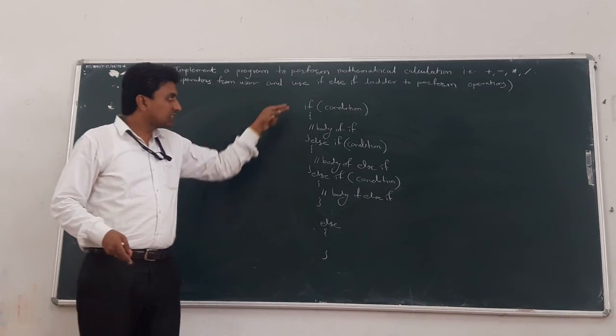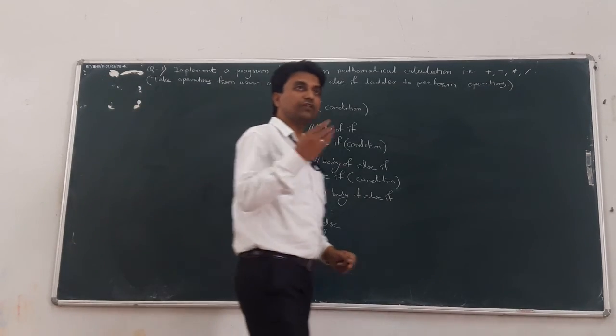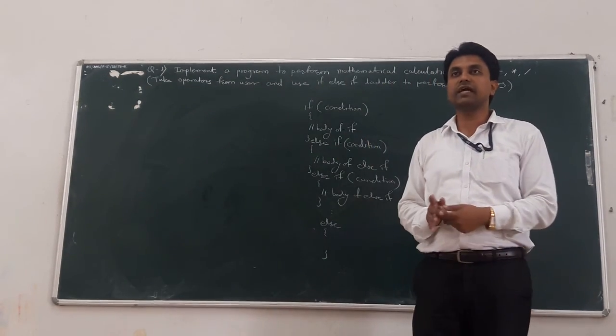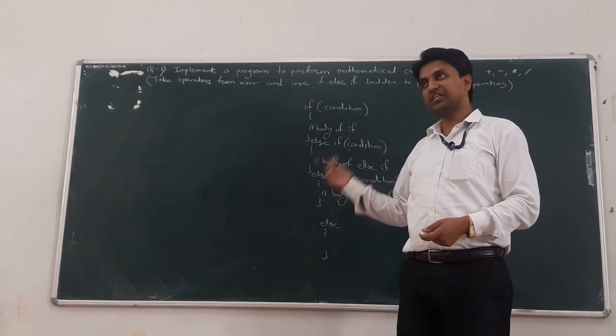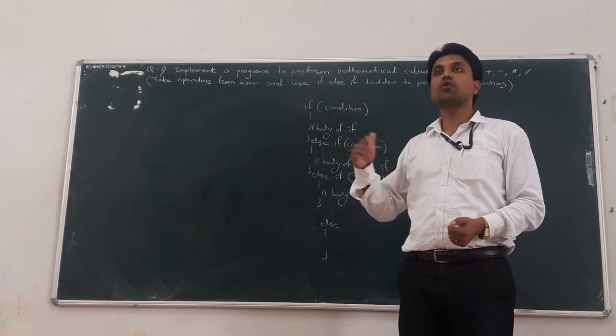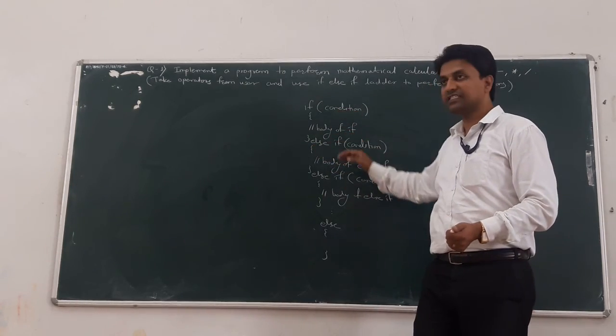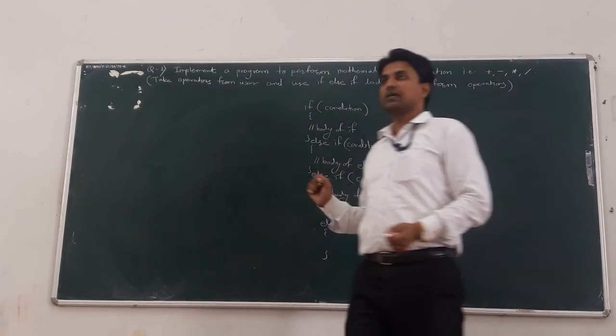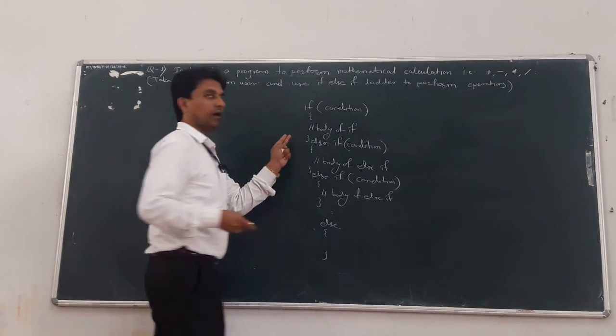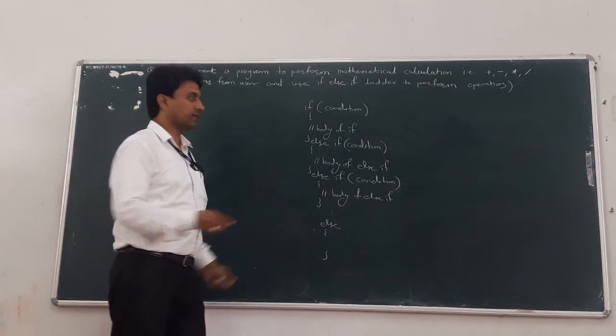We use this type of if else if ladder when the problem statement has multiple conditions, more than 3, 4, 5. Then what is the flow of this if else if ladder?